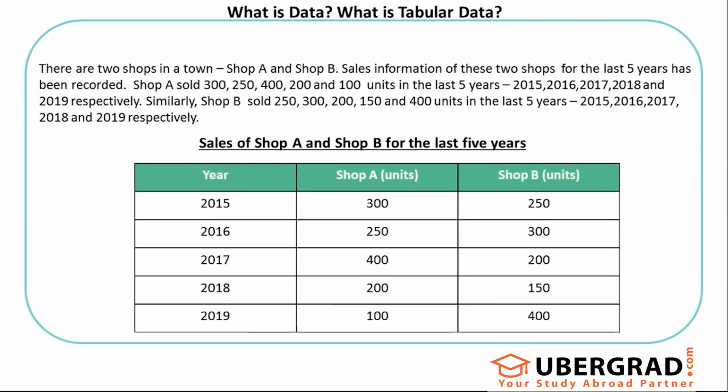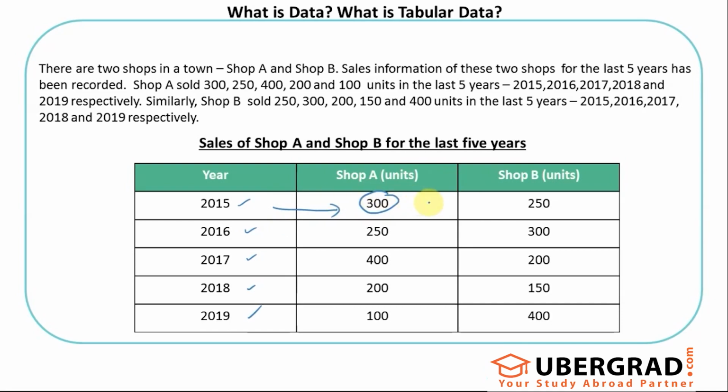Something like this. If I say the title of the table is sales of shop A and shop B for the last 5 years, I understand that we are talking about the sales for these two shops for the last 5 years. And then the years 2015, 16, 17, 18, 19, with shop A and shop B, and I see units, okay, we are talking about units. So shop A sold 300 units in 2015.